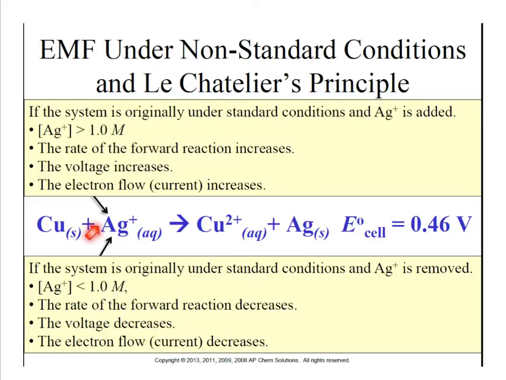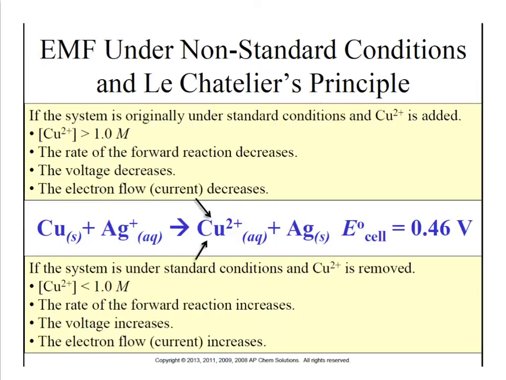However, in an actual voltaic cell, where this is going to be getting used up as the electrons are transferred over from that one, we're going to wind up slowly decreasing the concentration of Ag. And as that concentration of silver ions decreases, the rate of the forward reaction is also going to decrease, and if it decreases, the voltage decreases, which means the current decreases. And eventually this concentration will get so low that the voltage will reach 0.